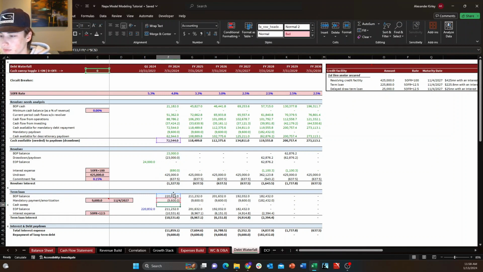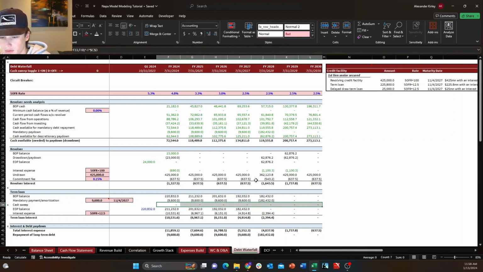And then I believe this is the other equation, our cash sweep, that is referencing this. And we want to put this also as cash available for discretionary pay down. And command right there.